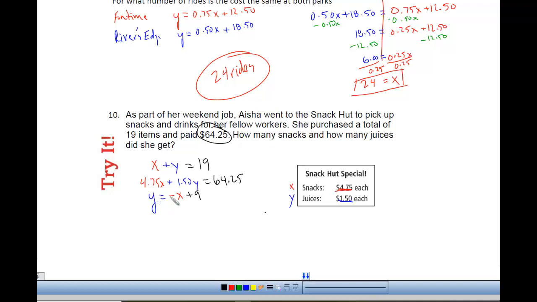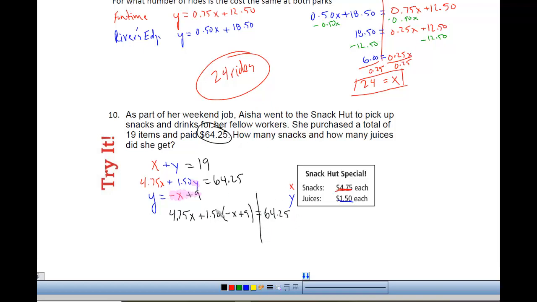So now I'm going to take this quantity and I'm going to substitute it for the Y value right there. So we'll rewrite that. So I have 4.75 times X plus 1.50 times Y, but Y is negative X plus 9. And that all equals 64.25.